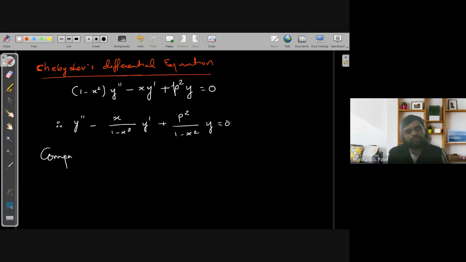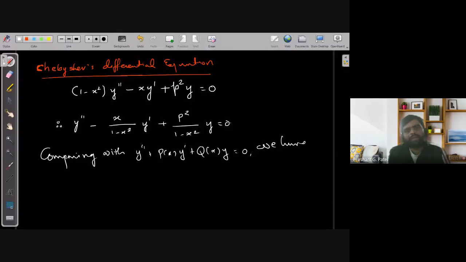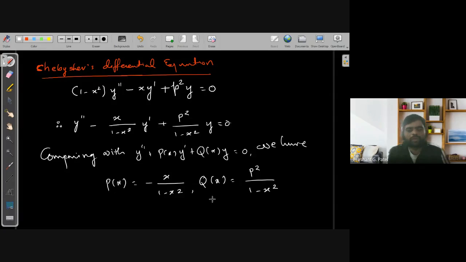Comparing with y double dash plus p of x y dash plus q of x y equal to 0, we have p of x equal to minus x upon 1 minus x square, and q of x equal to p square upon 1 minus x square.